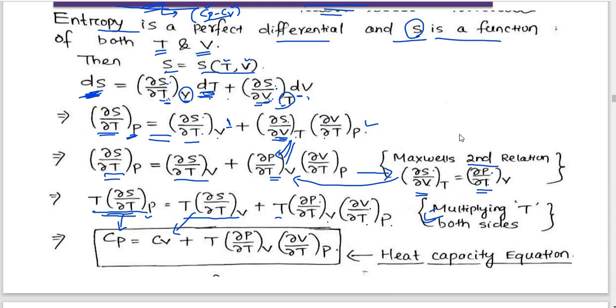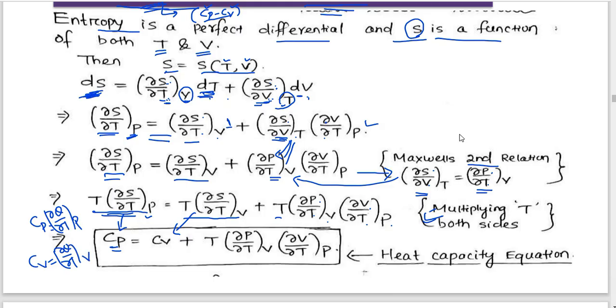Okay. So what is Cp? Cp is the specific heat at constant pressure. So what is the formula? The formula of Cp is actually delta Q by delta T at constant pressure. And what will be the formula of Cv? Delta Q by delta T at constant volume.